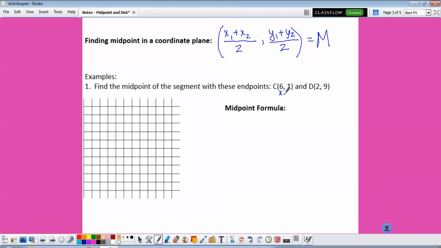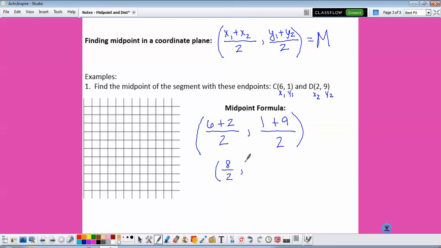So 6 would be X1, 1 would be Y1, 2 would be X2, 9 would be Y2. So then we plug them in. 6 plus 2 over 2, 1 plus 9 over 2. 6 plus 2 is 8 over 2, 1 plus 9 is 10 over 2, 8 over 2 is 4, 10 over 2 is 5. So that's our midpoint.